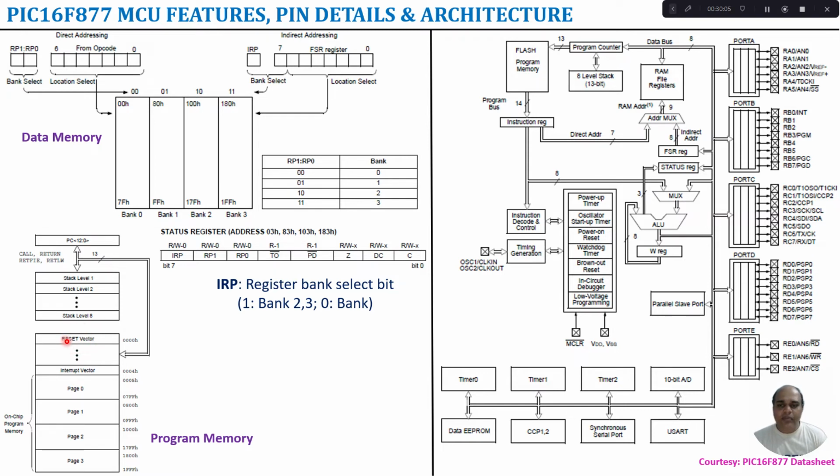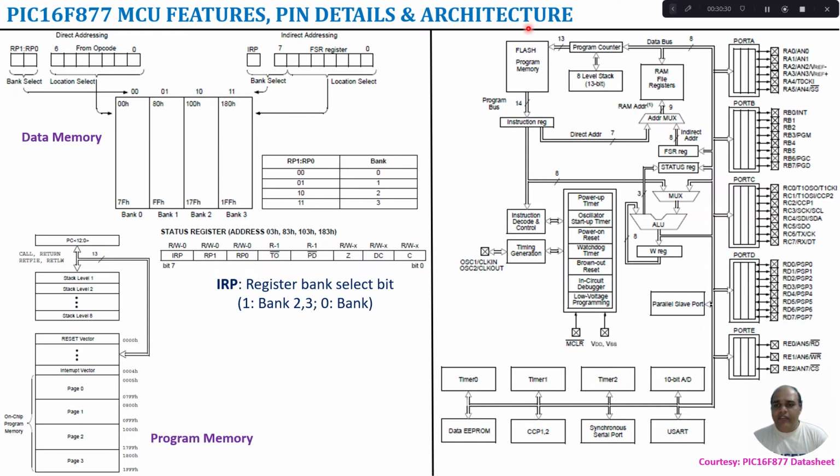In the same way, if an interrupt occurs, I need to execute some ISR, interrupt service routine. So the starting address of the ISR will reside in this interrupt vector. Like that, the first few locations are used as a vector table, and the remaining locations are used for storing your programs in page 0. Page 1, 2K, page 2, 2K, page 3 is also 2K.